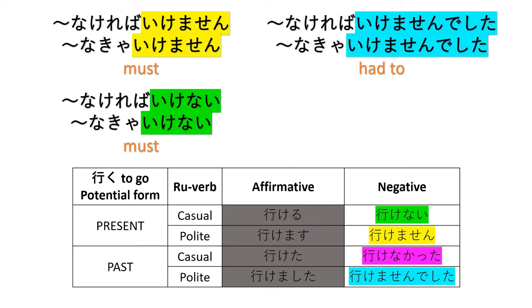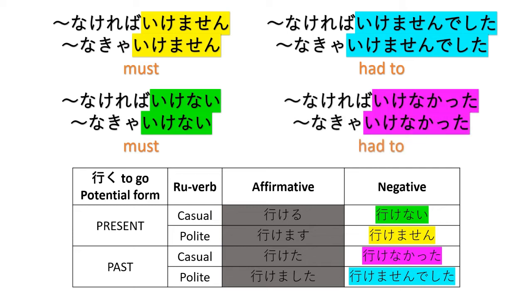For the past polite. And another had to. Nakereba ikenakatta or nakya ikenakatta. Had to, same. But it is casual form. Okay? So this is the conjugation for nakereba ikemasen, nakya ikemasen.